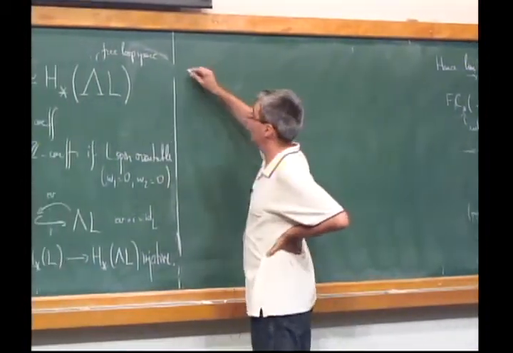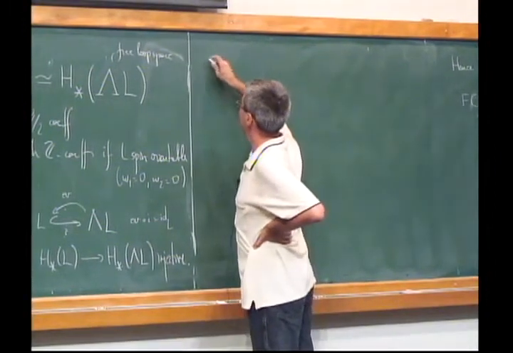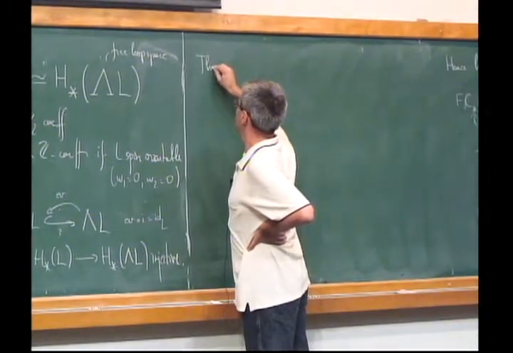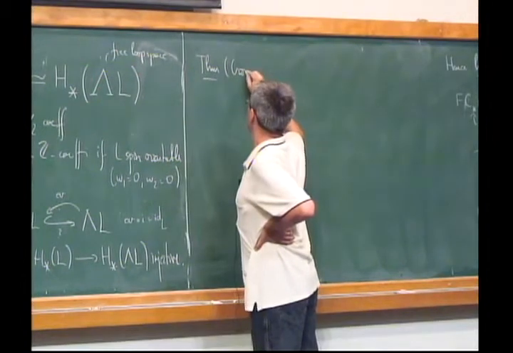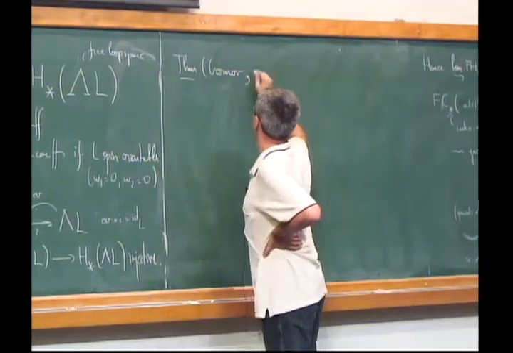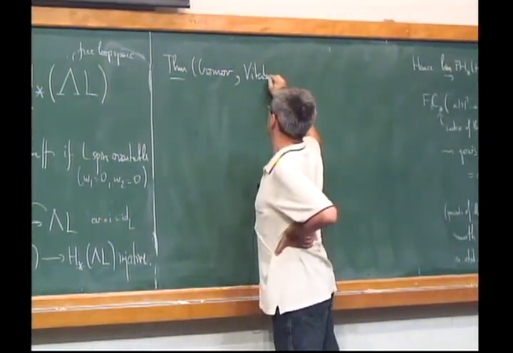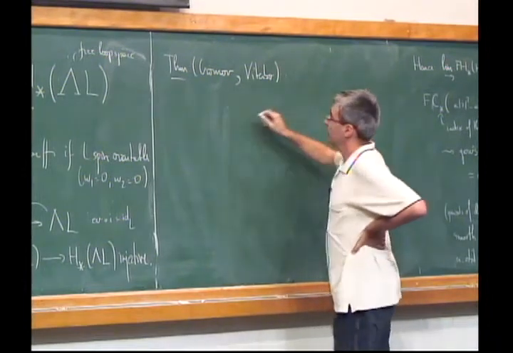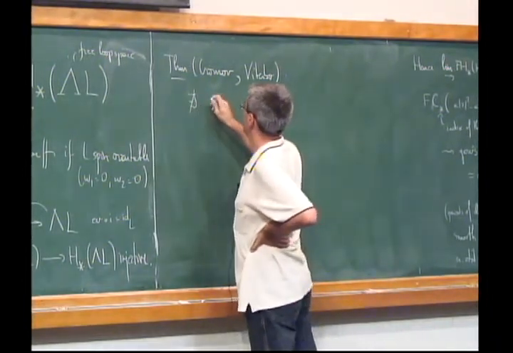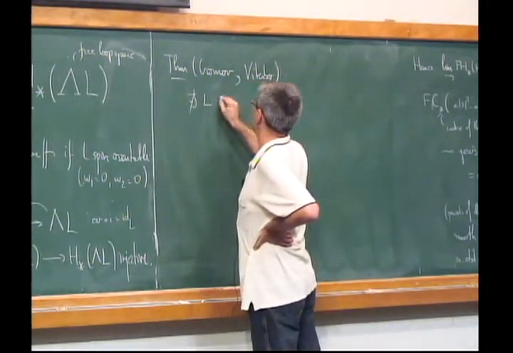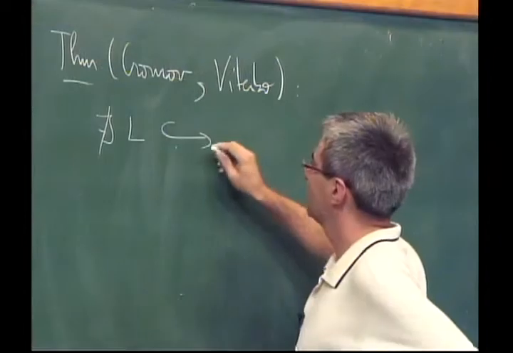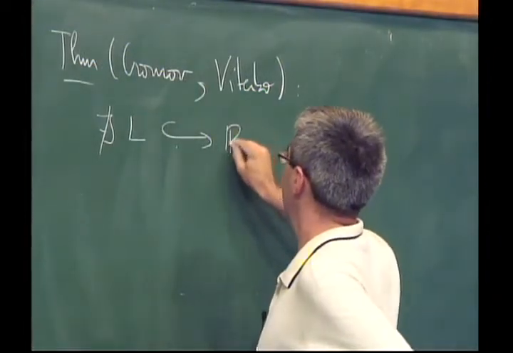So this implies the following theorem, a theorem which was first proved by Gromov, and the proof here is that of Viterbo, namely that there is no exact Lagrangian embedding of a closed manifold L into R2n.